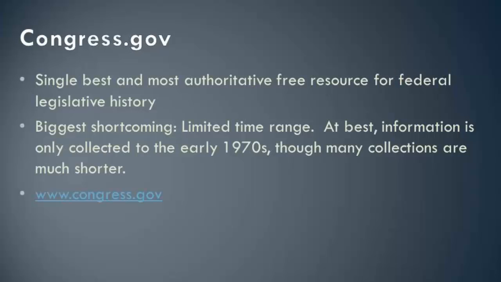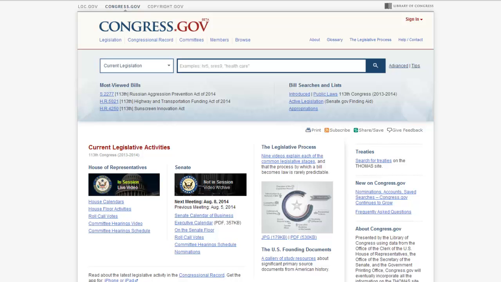It's the single best and most authoritative free resource for federal legislative history. Its biggest shortcoming is its limited time range. At best, information is only collected back to the 1970s, and many of the collections are much shallower, only the last decade or so. So let's go take a look at congress.gov.